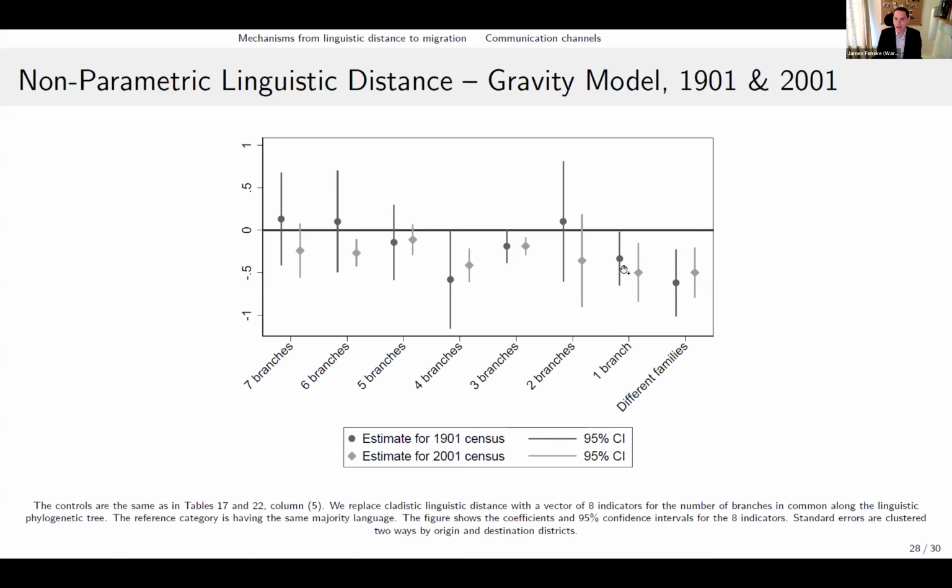If you're going to start looking at two branches, you start looking at things like the difference between Farsi and Hindi, or the difference between German and English, or the difference between Cantonese and Hakka Chinese. Whereas if you're going to start looking at three branches, you're thinking about things like the difference between English and Scots, or the difference between Hindi and Punjabi, or the difference between Cantonese and Min Chinese.